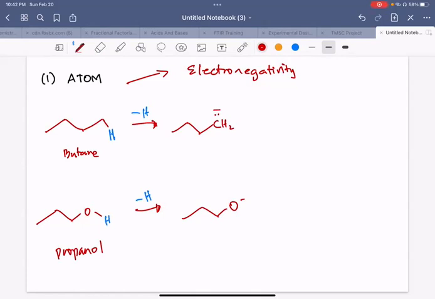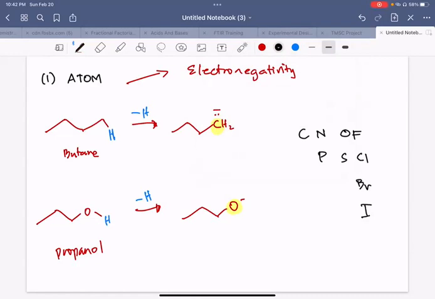So, once you have deprotonated it and converted it into its conjugate base, you need to compare the atoms that bear a negative charge. In this case, you have carbon versus oxygen. Okay, and in the periodic table, if I draw the periodic table here, C, N, O, F, you have phosphorus, sulfur, chlorine here, and bromine, then iodine.